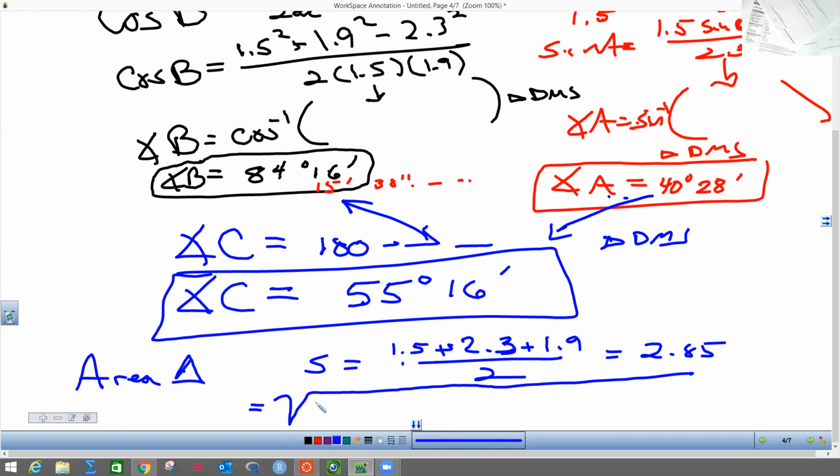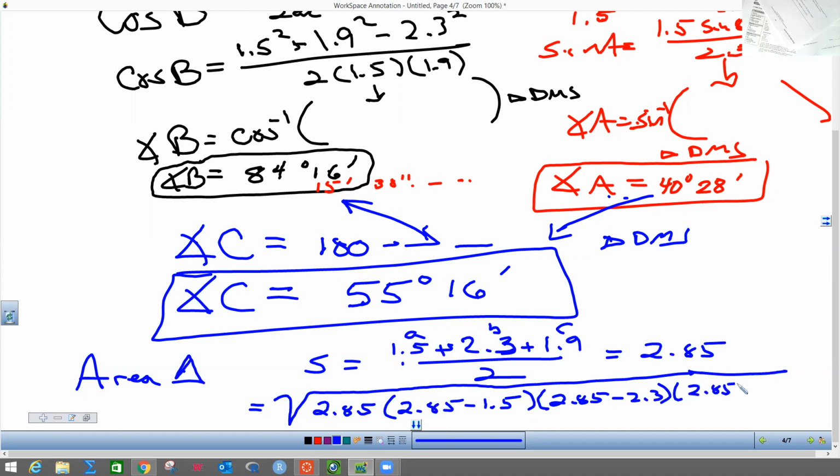Okay, now you're going to type in your S, 2.85, and then you're going to go parenthesis, and then you're going to put 2.85 minus 1.5, because this is A, this is B, this is C. Then you're going to end that parenthesis, and you're going to do a new parenthesis, and you're going to put 2.85 minus 2.3, end parenthesis, new parenthesis, 2.85 minus 1.9. And then you're going to hit enter.